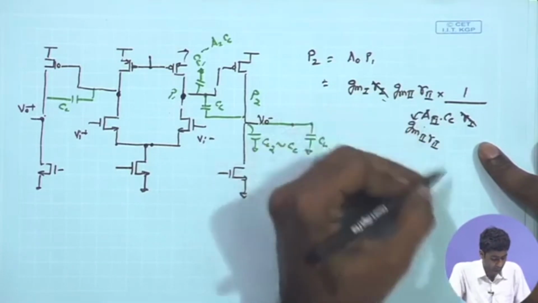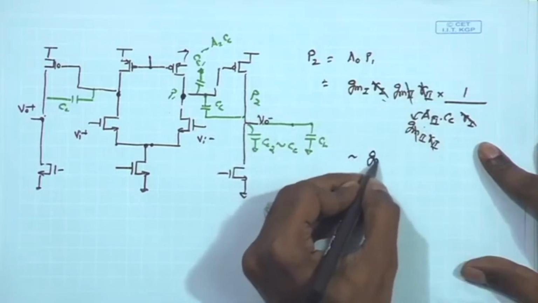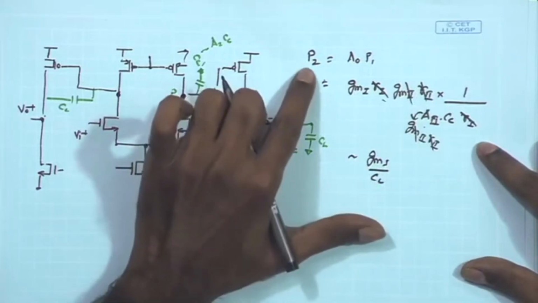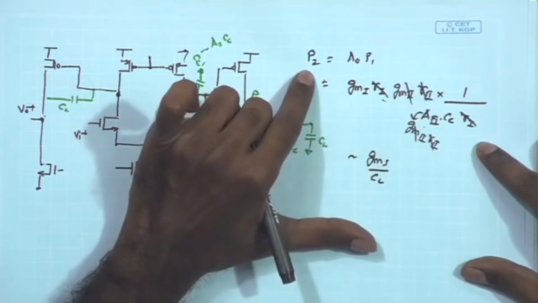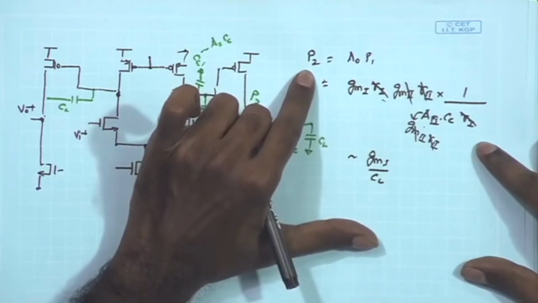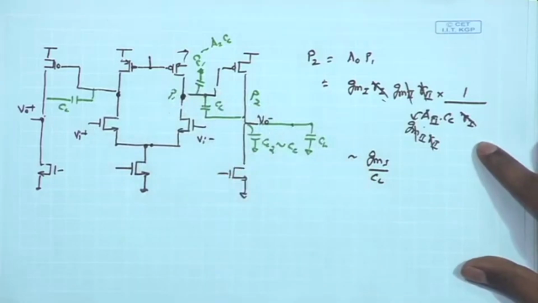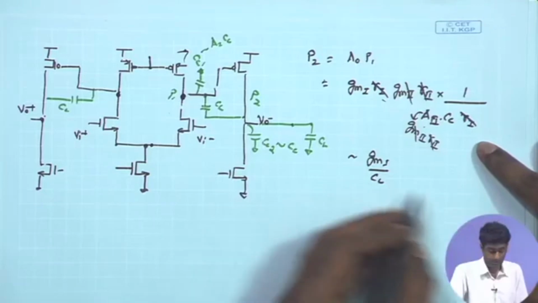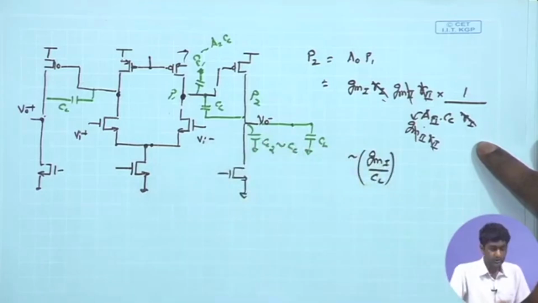So, these two factors also get cancelled, and you are left with GM1 upon Cc. So, what I want to do is I want to make the P2 equal to GM1 upon Cc. So, this is the relation that I want to have.